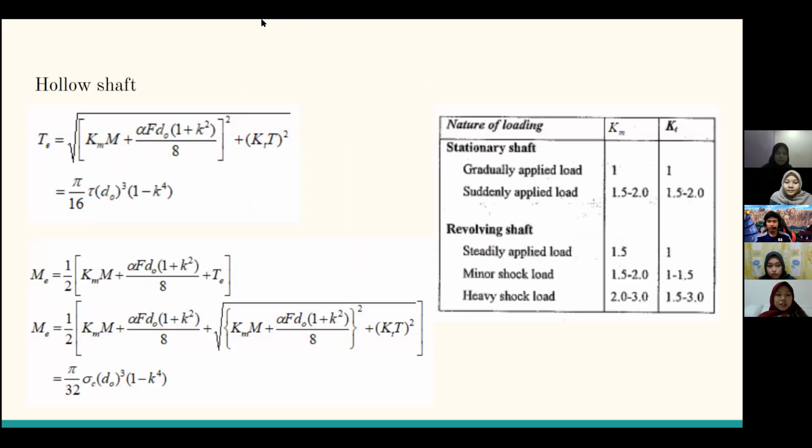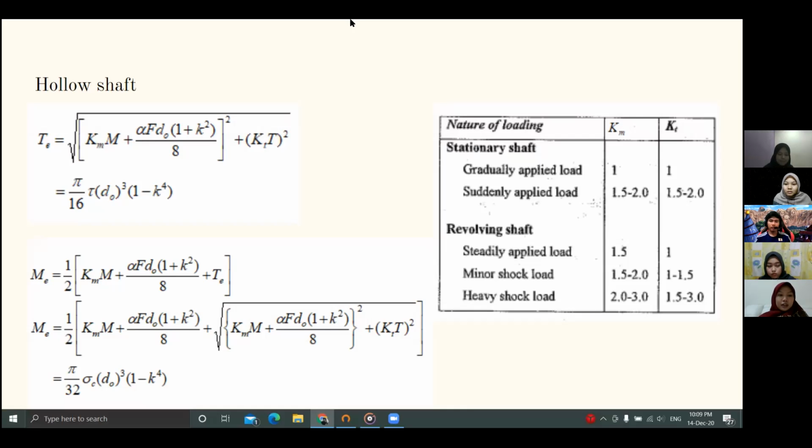For the hollow shaft, the equation is almost exactly the same as the solid shaft, except with the ratio of inner diameter to outer diameter. For the hollow shaft, the twisting moment equals pi over 16 multiplied by shear strength, outer diameter cube, and 1 minus k power of 4.